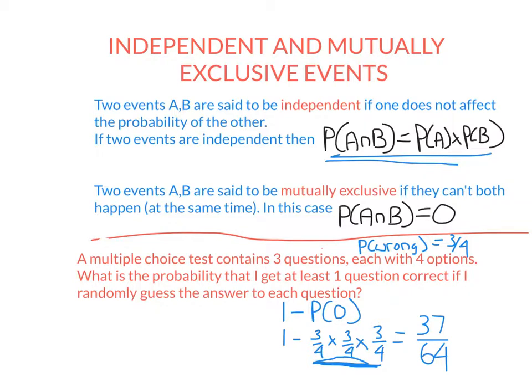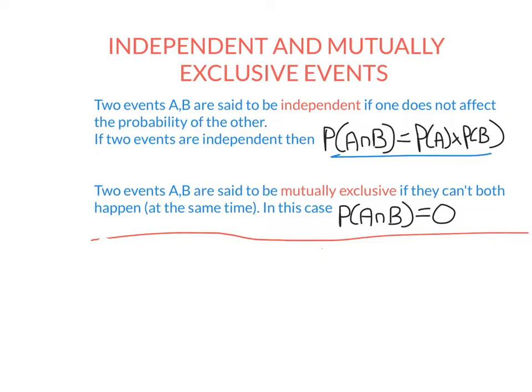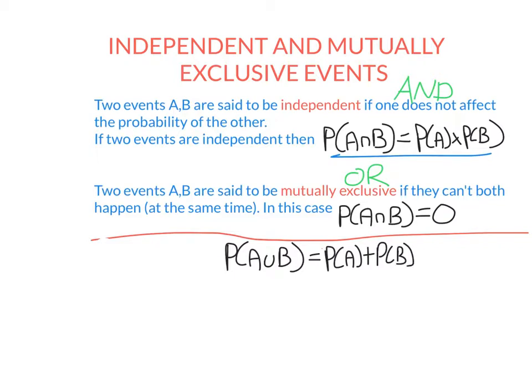So let's look at some questions now involving events that are mutually exclusive. So we looked at independent events, which are usually questions involving "and". It turns out with mutually exclusive events, we're usually dealing with questions involving "or". So the probability of A or B, to find that, you just add the two probabilities and then you subtract the probability that they both happen.